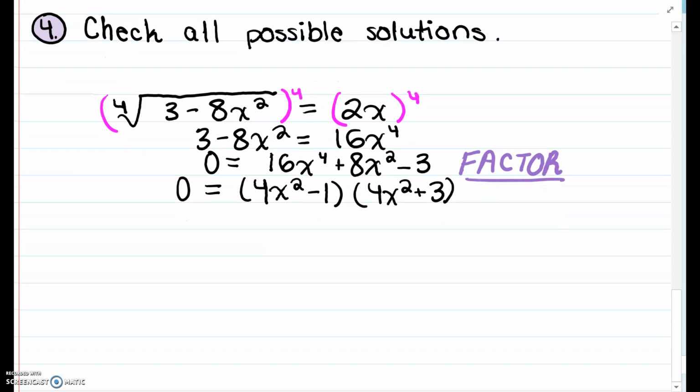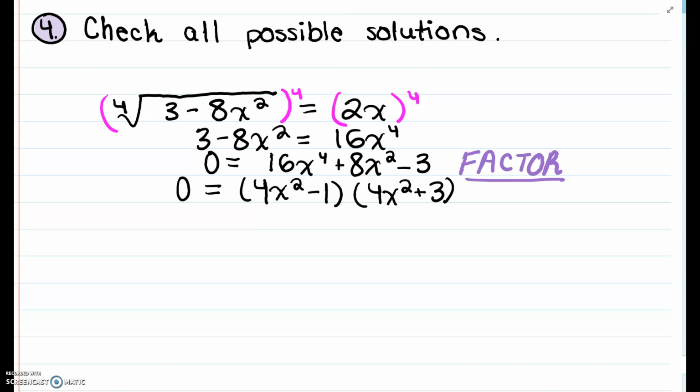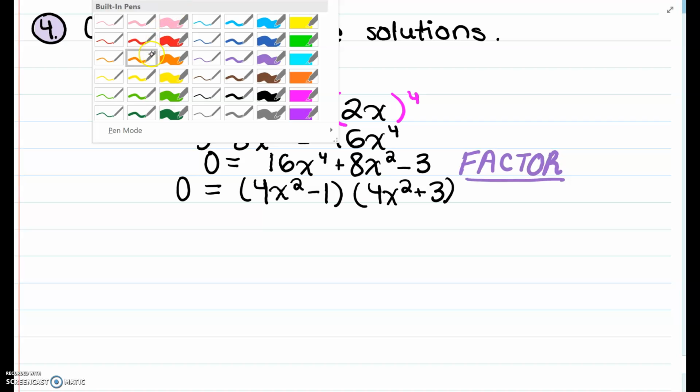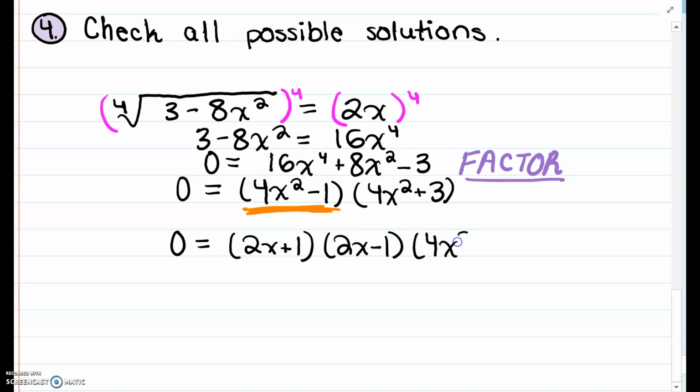And then from here, we may even notice that 4x squared minus 1 is a difference of two squares. So we can simplify that further into (2x plus 1)(2x minus 1), and the 4x squared plus 3 stays there.